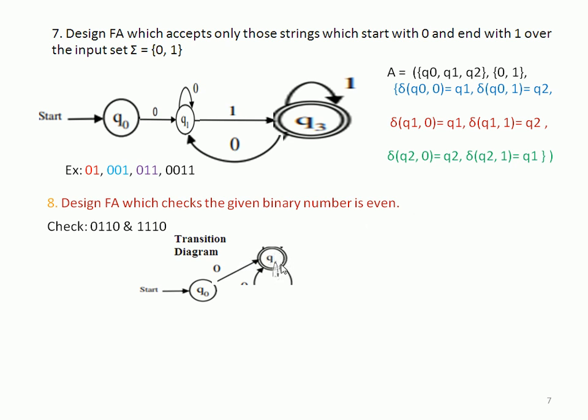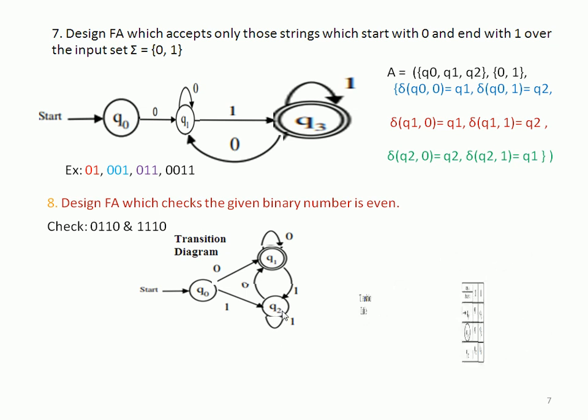At Q1, a 0 input will remain in the same state, and on a 1 we will go to Q2. At Q2, on a 0 input we will go to Q1, and on a 1 we remain in the same state, right?